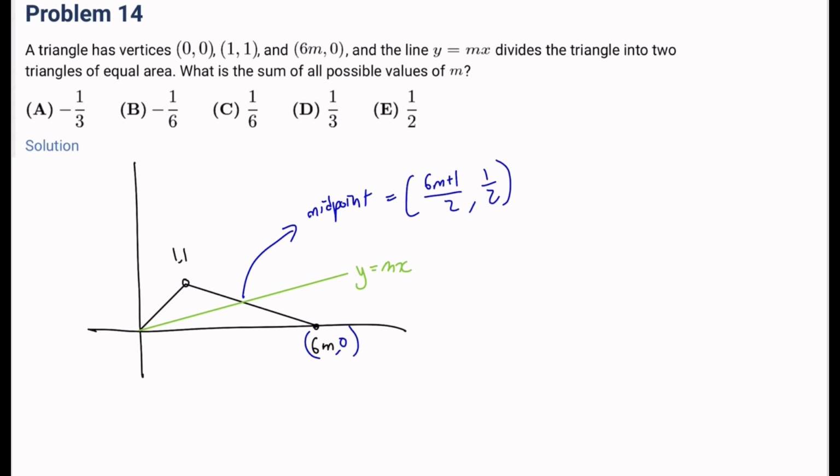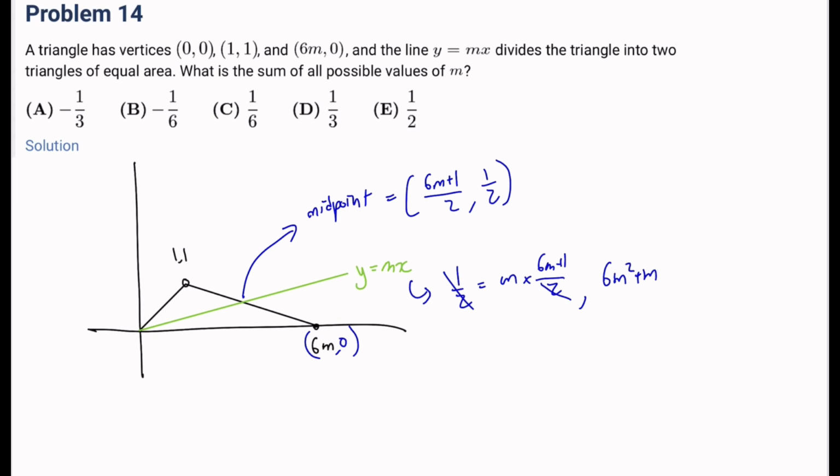And then the sum of all possible values of m. So since this is the midpoint, but that's also on y equals mx, right? And so if we just plug this in here, then that will give us 1/2 equals m times 6m plus 1 over 2. If 2 and 2 cancel, that means 6m squared plus m equals 1.